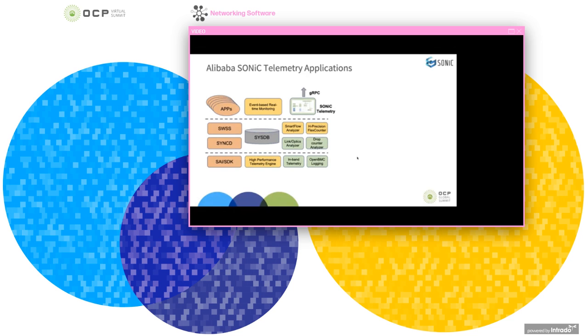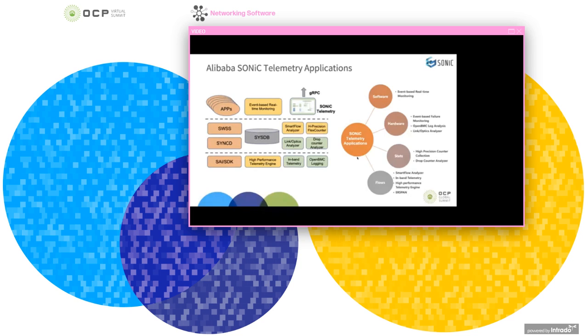Internally, building on top of the SONiC telemetry module, we have developed a rich set of network telemetry applications to improve the visibility of both the control plane and data plane of the network devices. Those applications allow us to provide a lot more information about our software, hardware, traffic statistics, and also flow level information in the network.